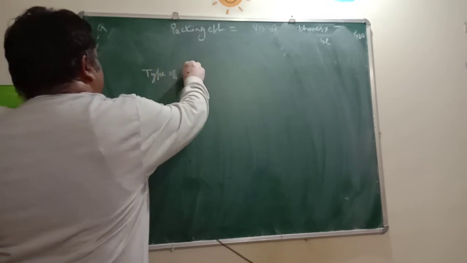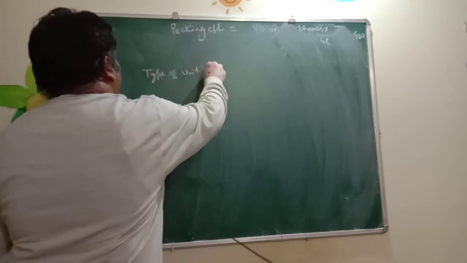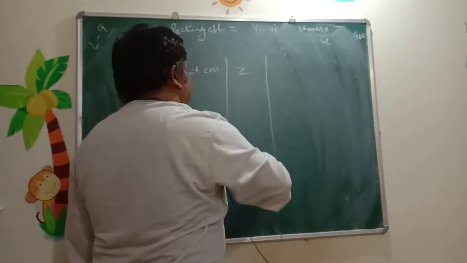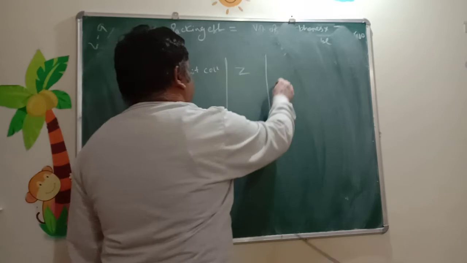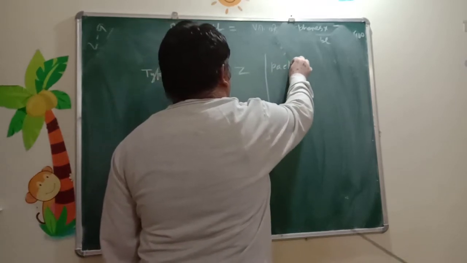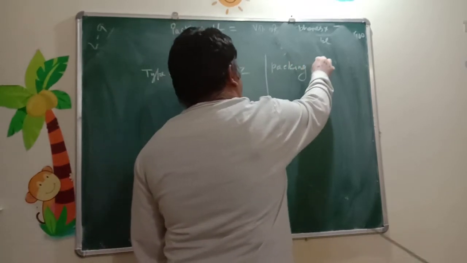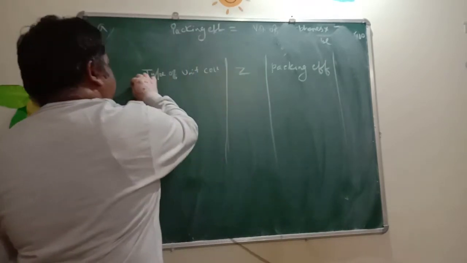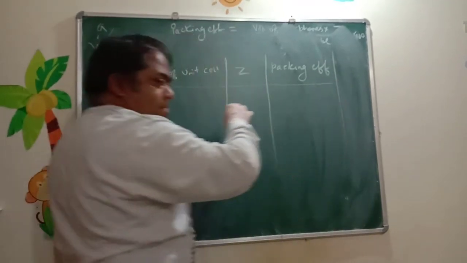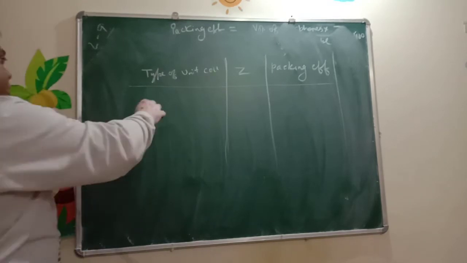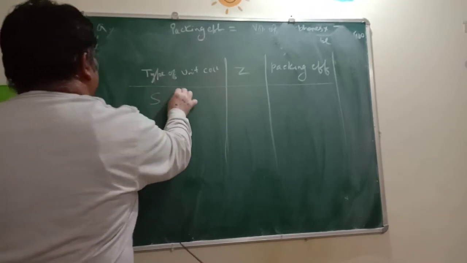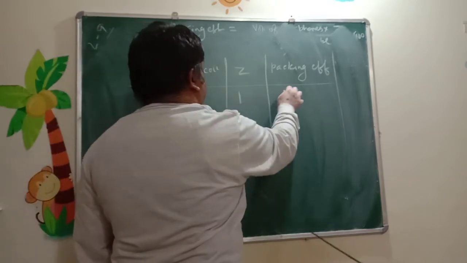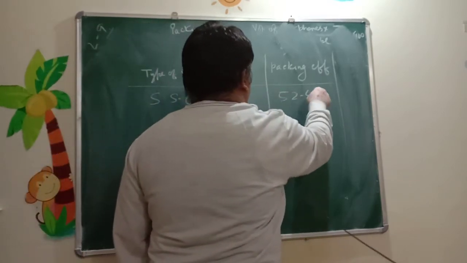Type of unit cell, number of particles, and packing efficiency. For simple cubic, number of particles is equal to 1, so it is 52.4%.